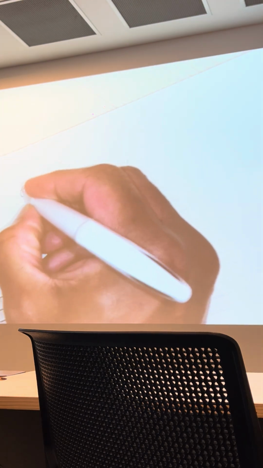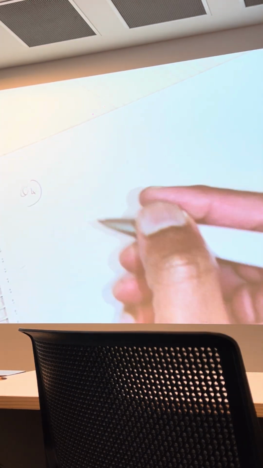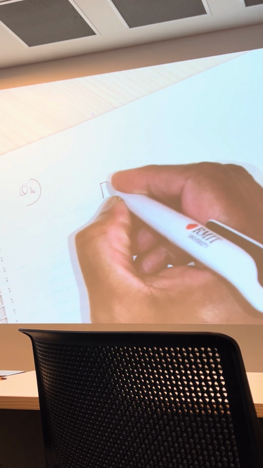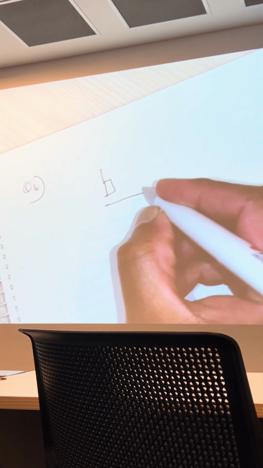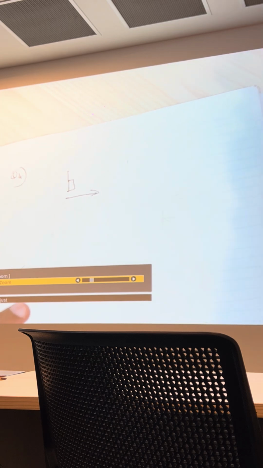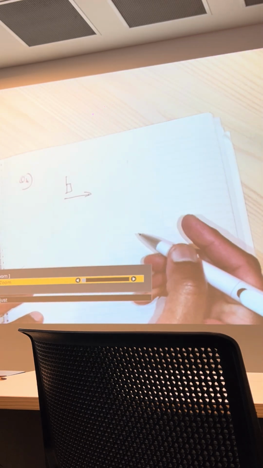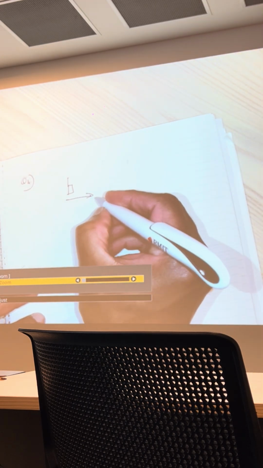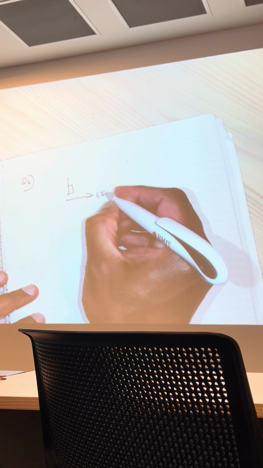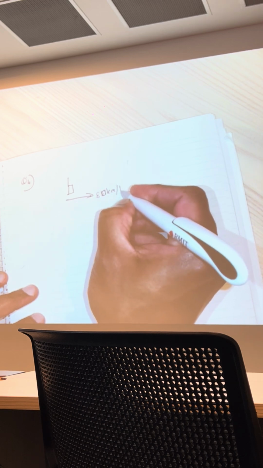So it says, question 4. So we have a mobile device that's traveling at a speed of 80 kilometers per hour.